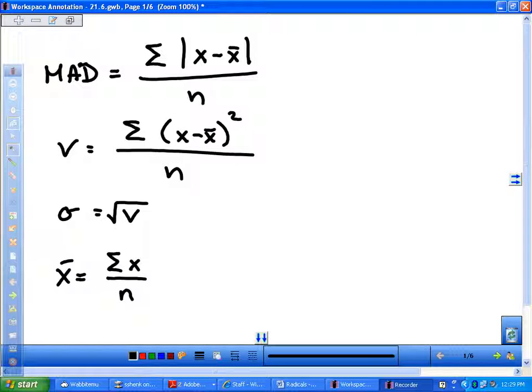Now, these ones are all to find the population. What if they asked us to find a sample? Then we would go n minus 1 as opposed to n. Because it's not the whole population that you're taking into consideration. With the population, you've got to take every single score into consideration. But with a sample, are you using every single score?